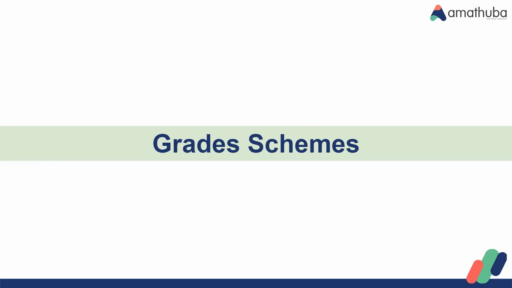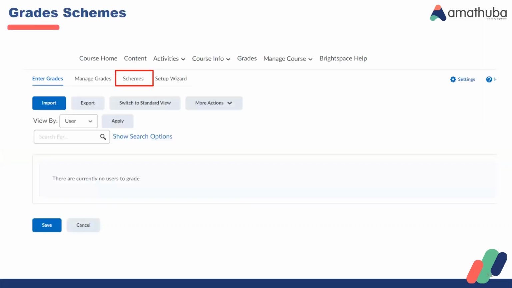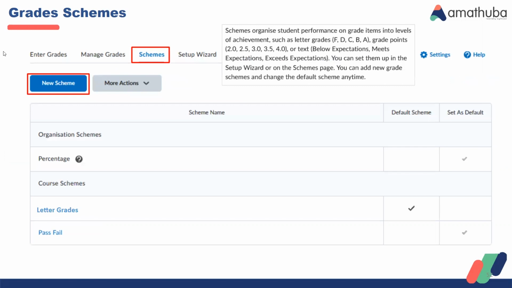So we mentioned that grade schemes, you can actually create your own grade scheme. So let's take a look at how to do that. So on the grades tool, you'll see the third tab along next to the one we've just used for the setup wizard. You'll see an option there called schemes. So click on schemes. And on the next page, it will ask you to create a new scheme.